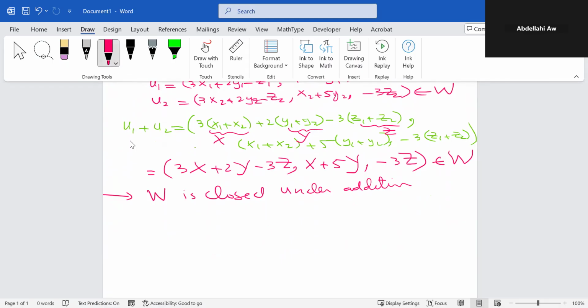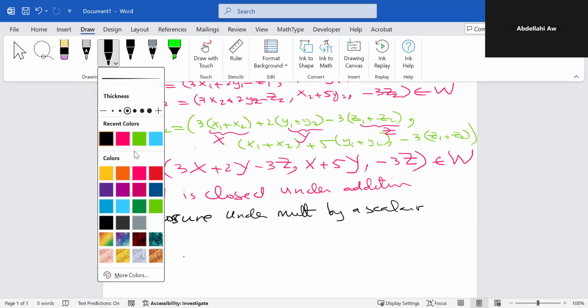All right. The last one is closure under multiplication by a scalar. So we multiply a vector by a scalar. We don't multiply two vectors; you have another type of multiplication for that, which is not your regular multiplication, it's a cross product.